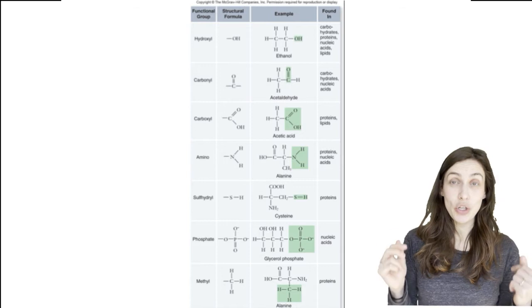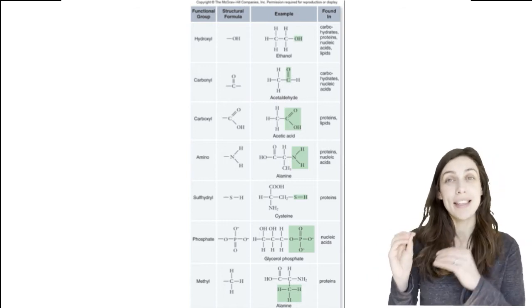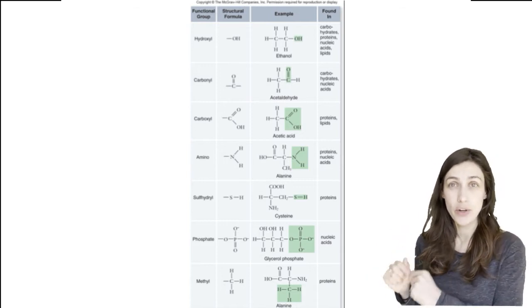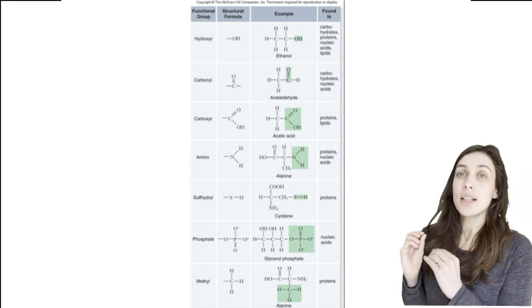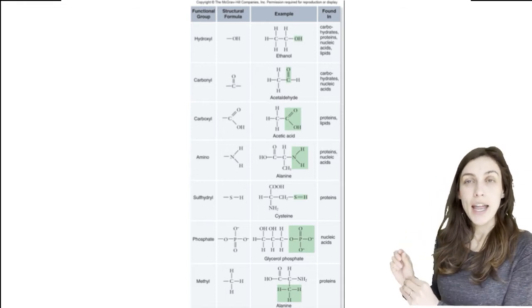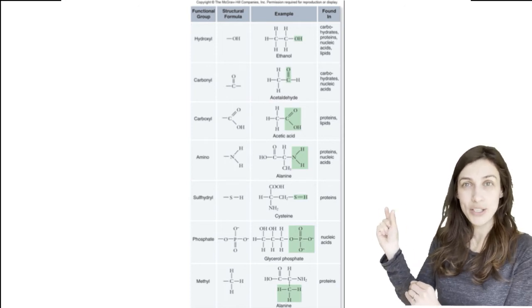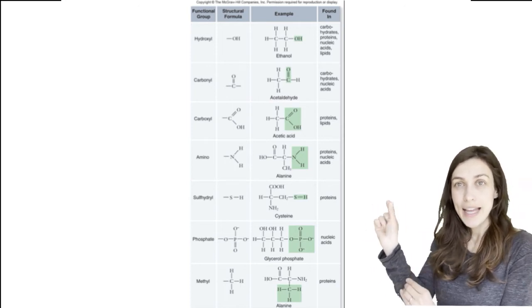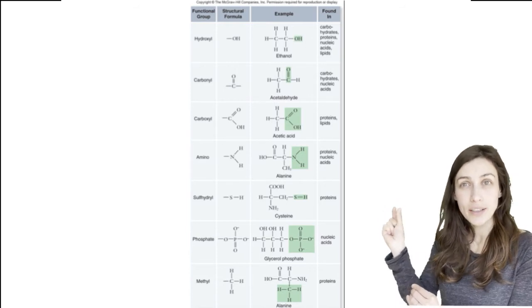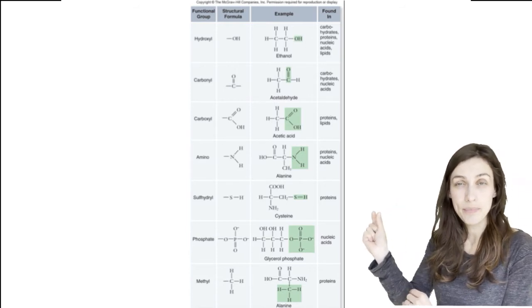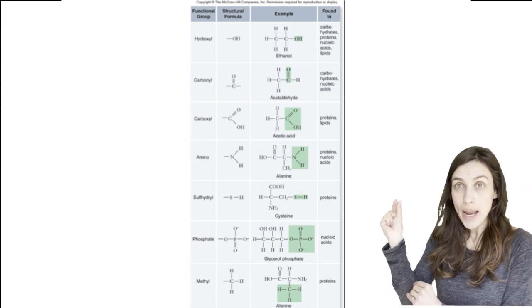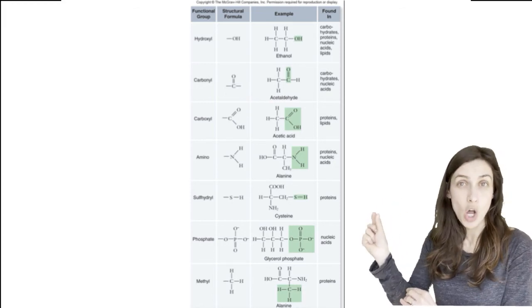You do need to know the structure and the name of each one of these functional groups. So when there is an oxygen and hydrogen, both covalently bonded to each other, that pair is covalently bonded to a hydrocarbon, that OH is called a hydroxyl group.